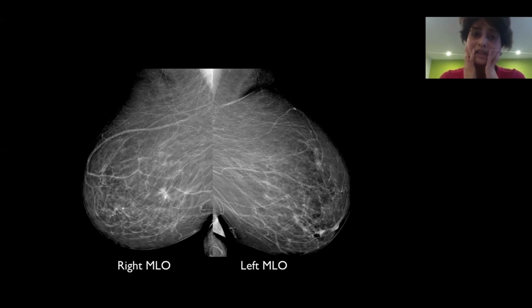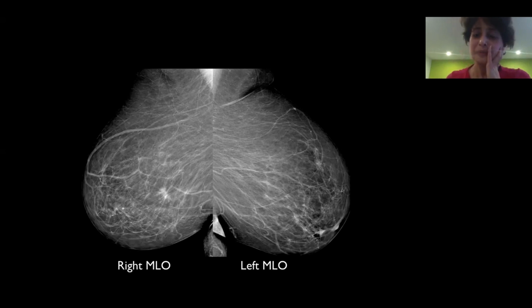I have yet to see the CC view. The pectoralis major muscle is not seen all the way down to the nipple posteriorly, but it's possible that there were some difficulties with performing this mammogram. Comment on it. You don't have to say the mammogram is rubbish, but you could say that it's not seen all the way down.